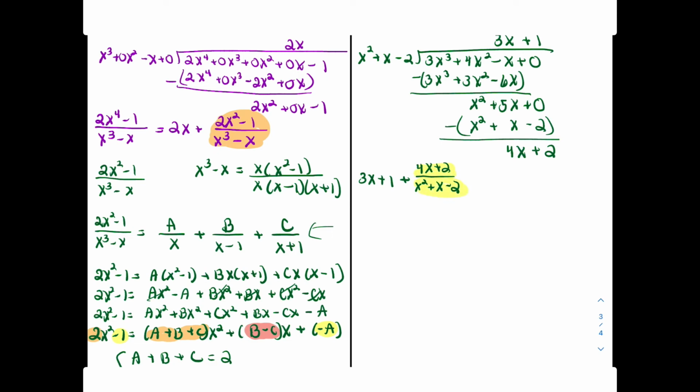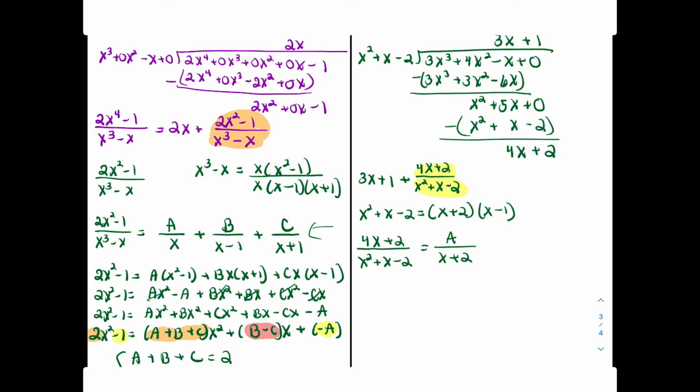I'm going to do partial fraction decomposition with this. So start by factoring the denominator. And the denominator will factor to x plus 2 times x minus 1. Now let's find that partial fraction decomposition of 4x plus 2 divided by x squared plus x minus 2.